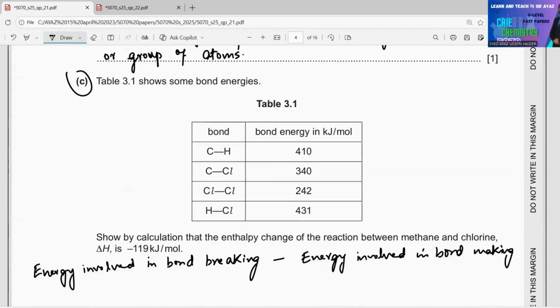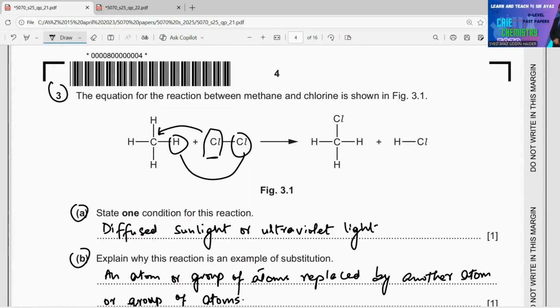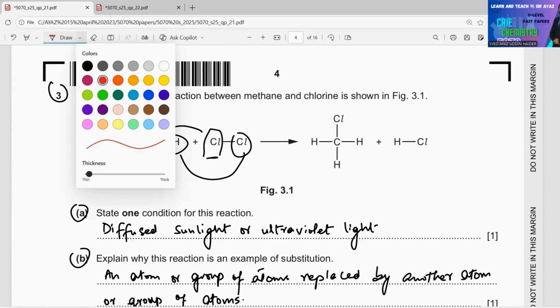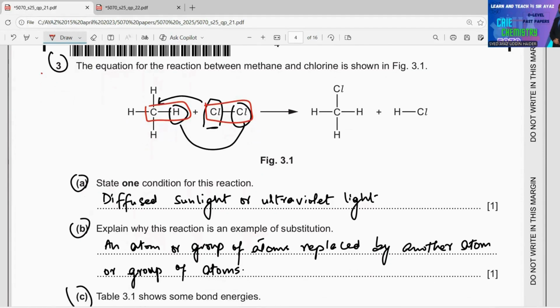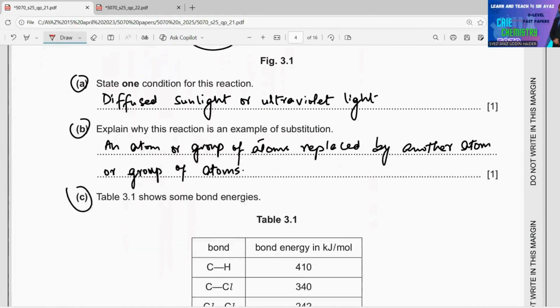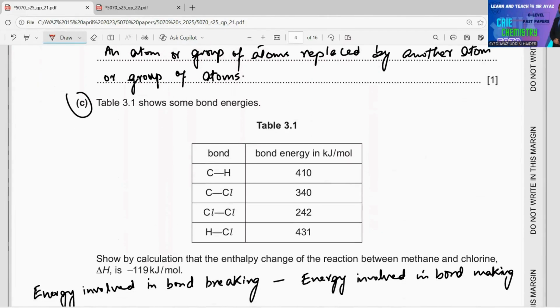Coming back to the reaction, how many bonds are broken? These bonds are broken, CH and ClCl. So we have one CH and one ClCl.